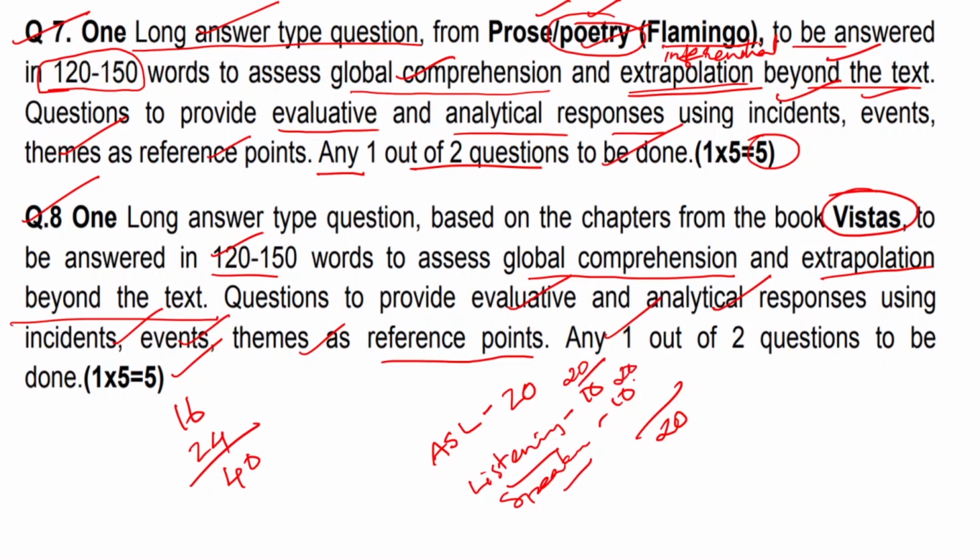Then it will be reduced to 10 and 10. That is 20. This is the English question paper for 2022. 100 marks. 20 is internal, that is in the form of ASL, and the rest of 80 marks is the written examination.